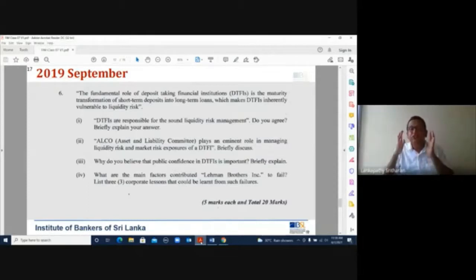That confidence should be there among the depositors; only then will they come and deposit with the bank. I gave an example: if you go and buy some milk powder from a supermarket, there is no going concern concept or confidence involved. I pay the money, they give the milk powder, and that finishes our relationship.